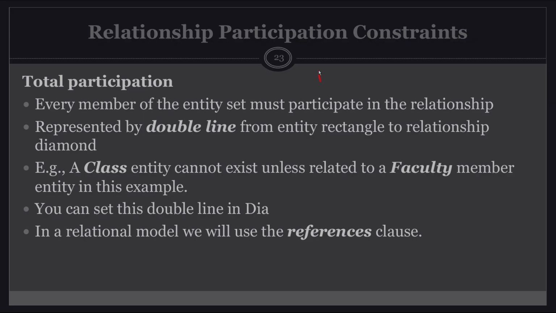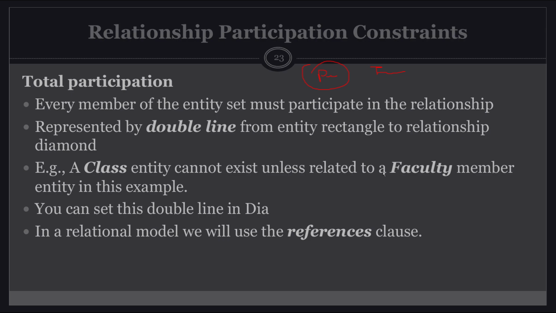So we can have either partial or total participation, okay? When it comes to partial participation, given some entity set and some relationship, you don't need for all of the entities in that entity set to be participating in this relation, okay?